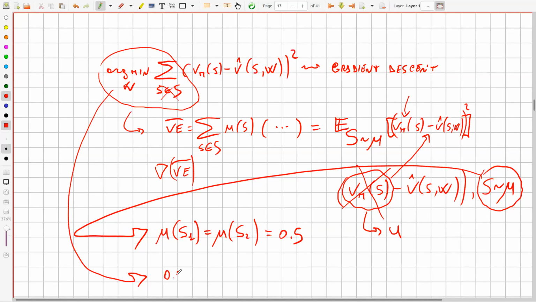It would be just 0.5 times the value of S1 minus its estimate, plus 0.5 times the value of S2 minus its estimate. Okay, so this is crucial. What distribution you are using is crucial in deciding what you're actually minimizing once you sample these values from this distribution.